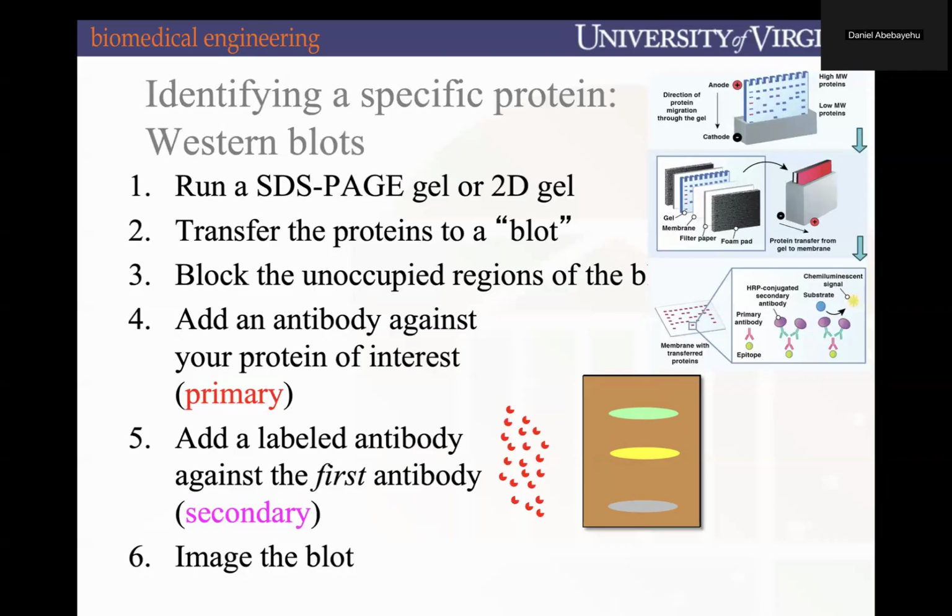If you had some signal tethered to that primary antibody, it's going to be a pretty weak signal. You can amplify that signal by having first a primary antibody and then a secondary antibody that binds all over that primary. You have an amplification of signal with the secondary antibody, and then you image the blot, see the color change, and are able to see your specific protein of interest.